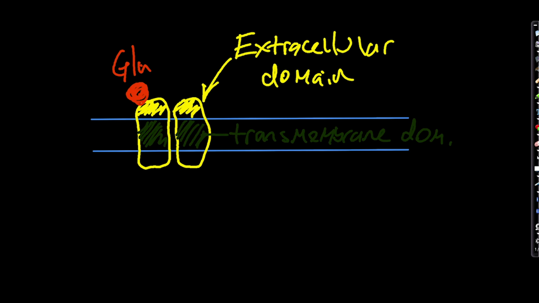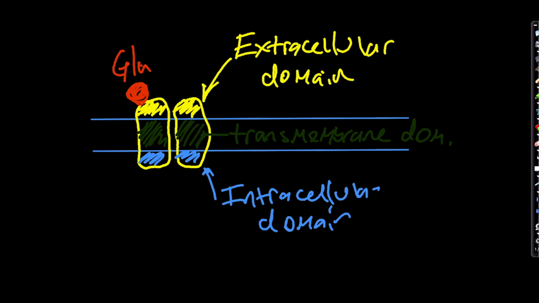And then, as you can perhaps anticipate, I don't like brown. Let's go with light blue. Here, this is the intracellular domain. And so overall, the receptor spans the entire membrane from outside to in.